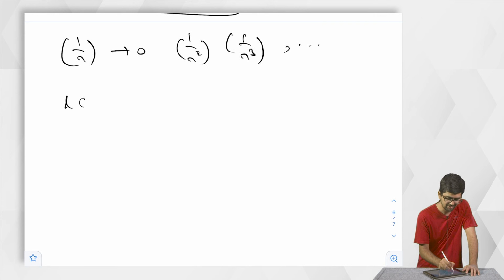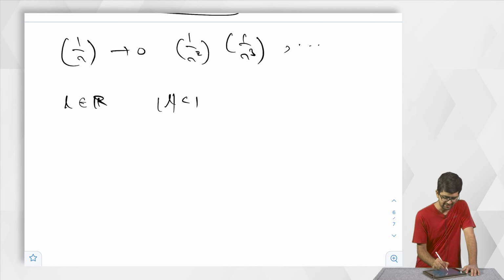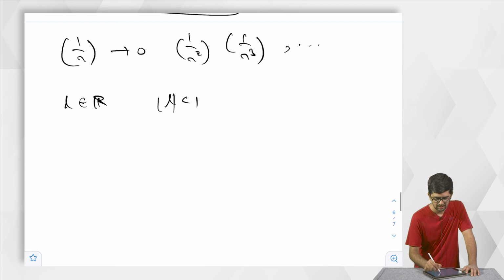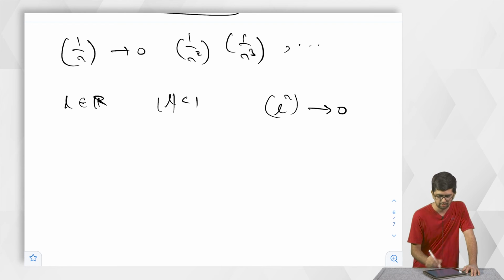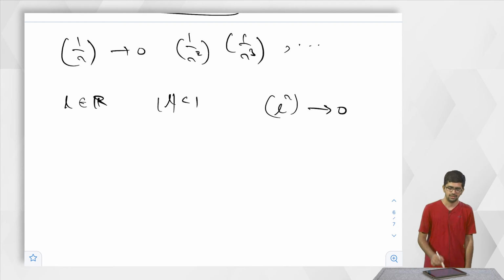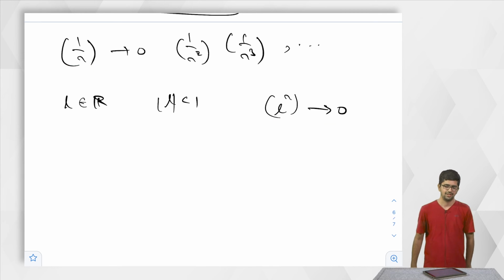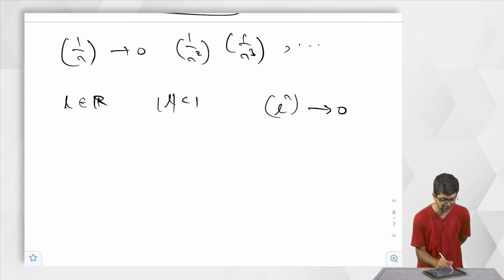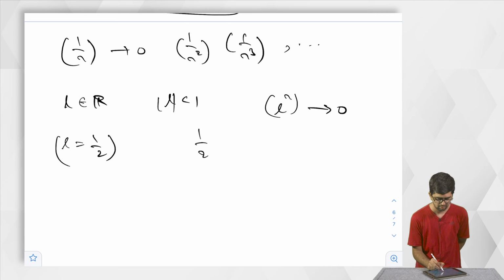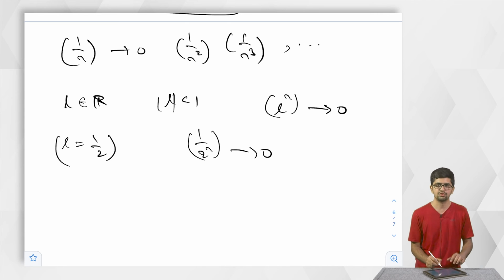If I take some element L belonging to R with mod L less than 1, then we know L power n goes to 0. Observe the difference between these two. For example, suppose L is equal to 1 by 2, then we are talking about 1 by 2 to the power n, and this goes to 0.